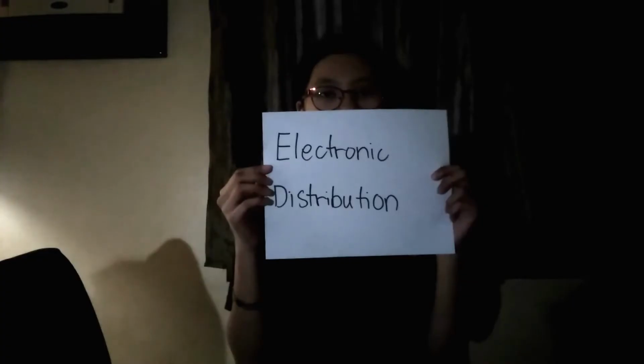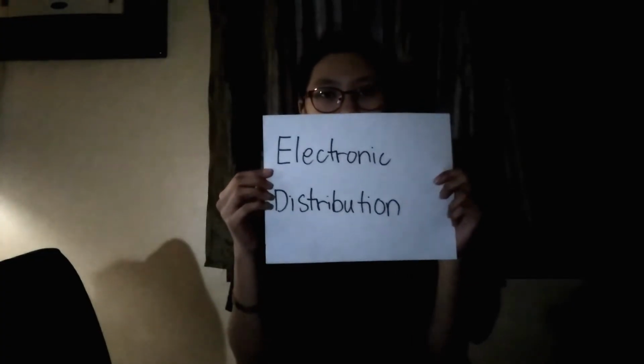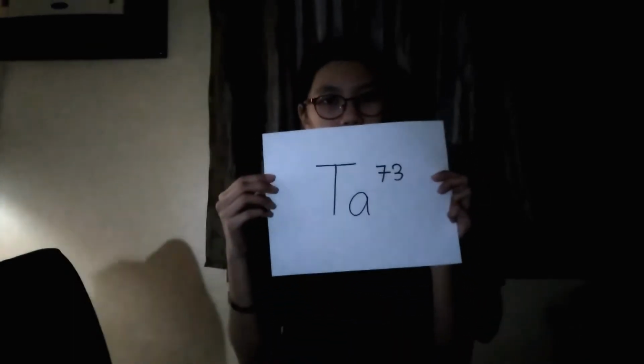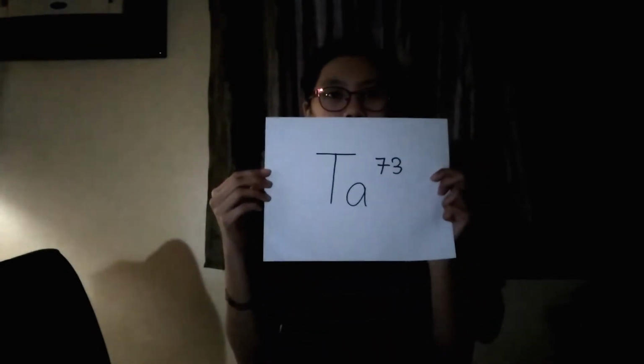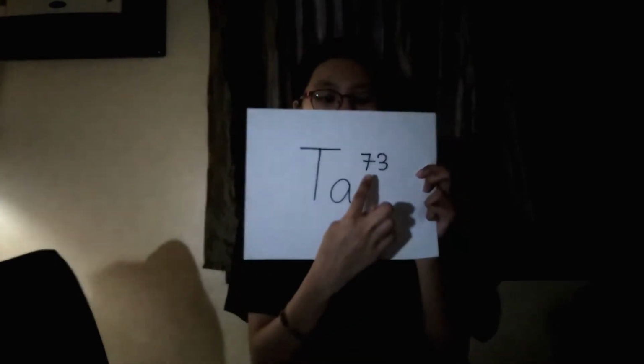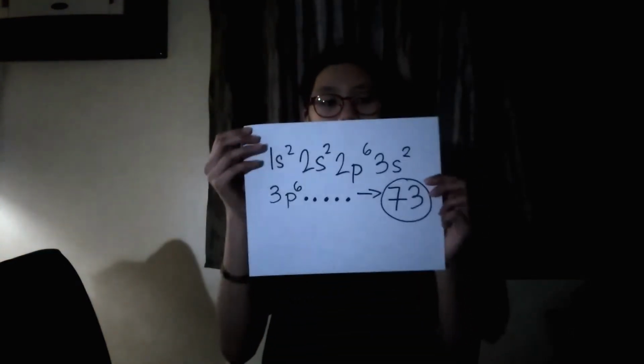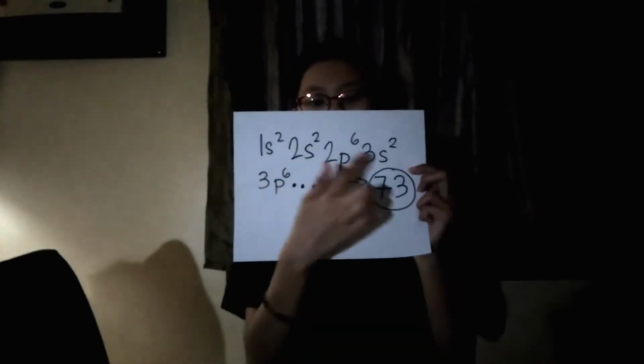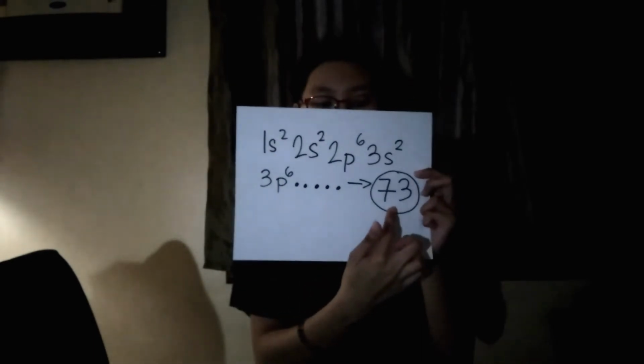Ayun lang po. Electronic distribution. So there will be a given element and you will see on its superscript located at the top of the element where the atomic number is located. On electronic distribution, you have to look at the mnemonics to get the exact atomic number.